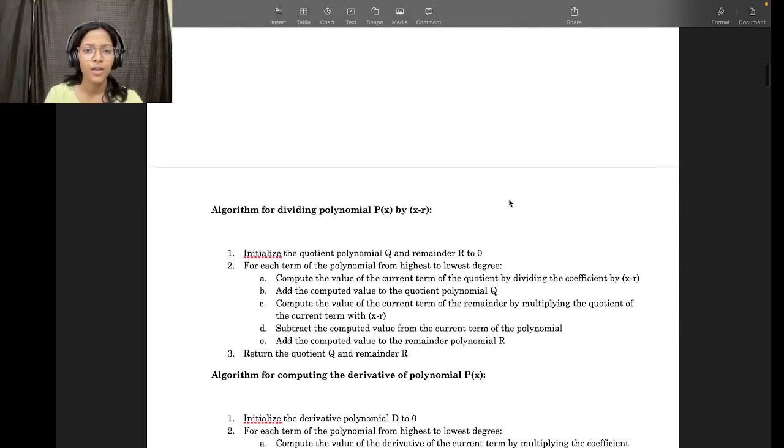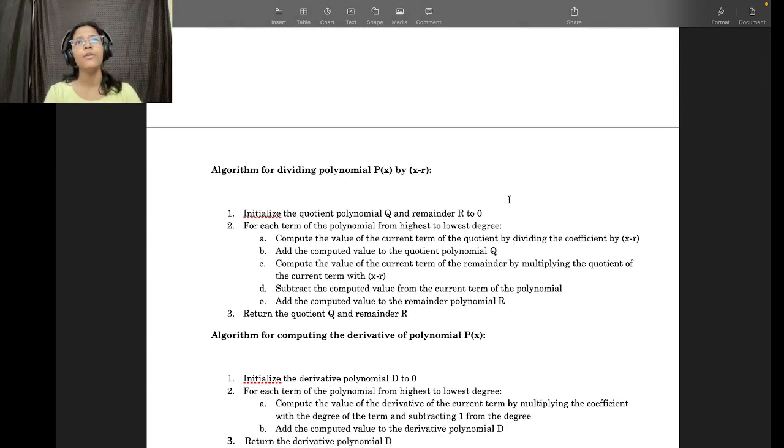Moving forward, now we will find the algorithm for dividing polynomial P(x) by x minus r. The first step is to initialize the quotient polynomial q and remainder r to 0. The second step: for each term of the polynomial from highest to lowest degree, first compute the value of the current term of the quotient by dividing the coefficient by x minus r. Second, add the computed value to the quotient polynomial q.